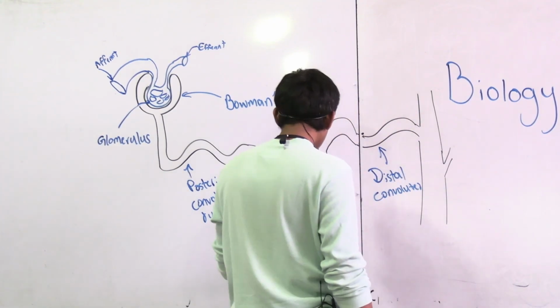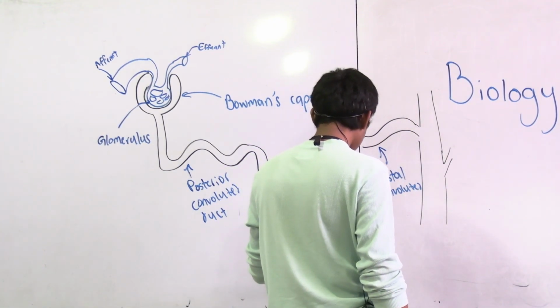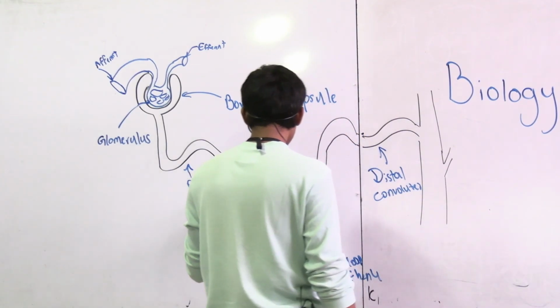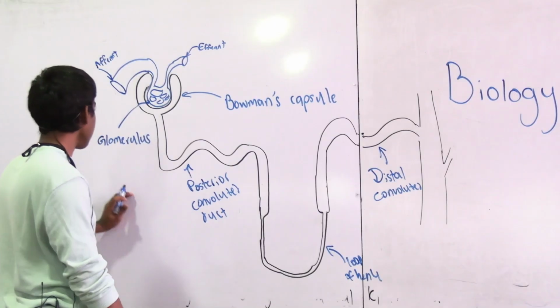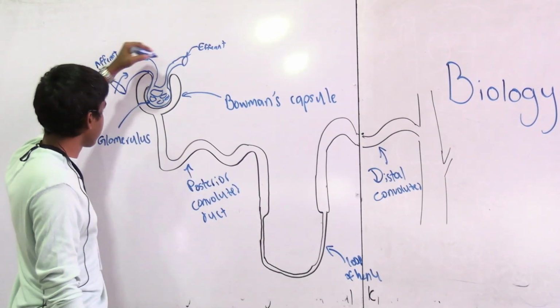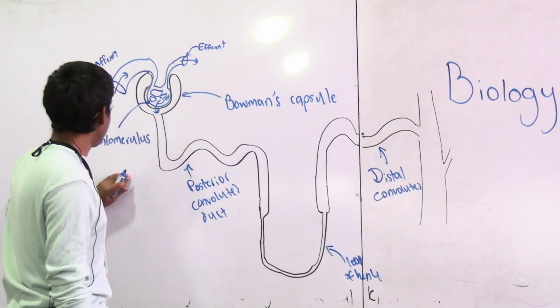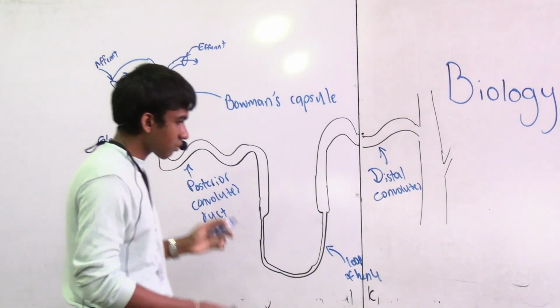Right? This is the loop of Henle. Okay, so blood enters like this, exits like this, and gets filtered into the Bowman's capsule, right?